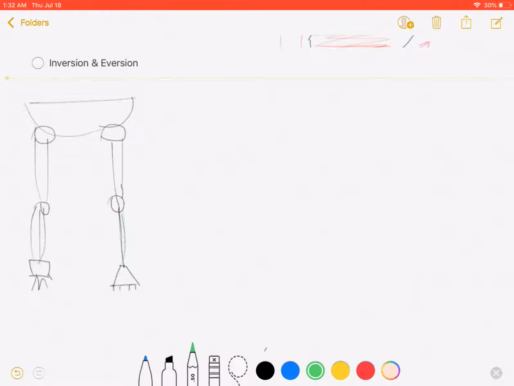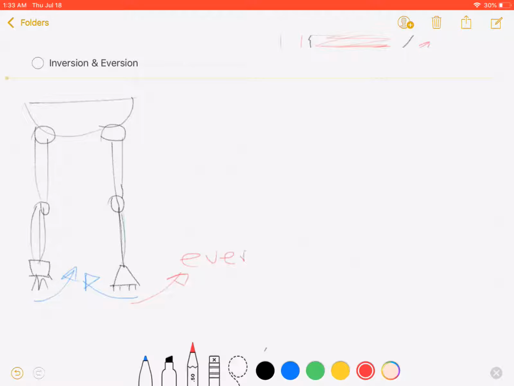If your feet, and I'm going to put this in blue, I think that if they go in, it's inversion, and out in red, it's eversion. But I'm going to double check. It's actually kind of tricky. Oh, yeah. So eversion out. All right.